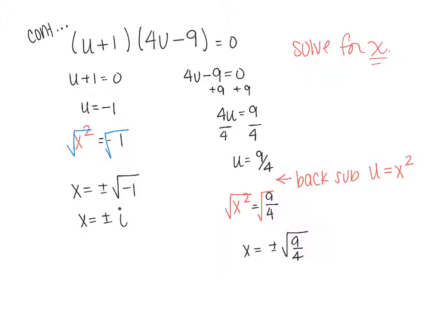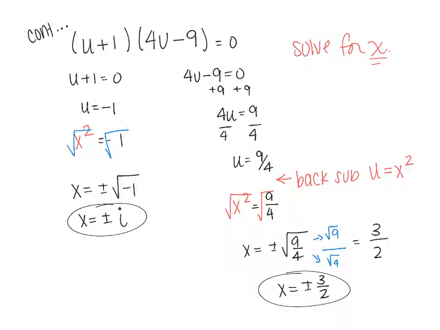So I have plus or minus i. And this one, I can break it up. So the square root of 9 is 3, the square root of 4 is 2, so then my answer is plus or minus 3 over 2. So I ended up getting 4 answers, positive negative i, positive negative 3 over 2.